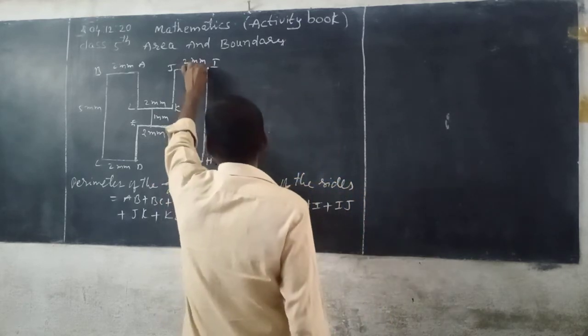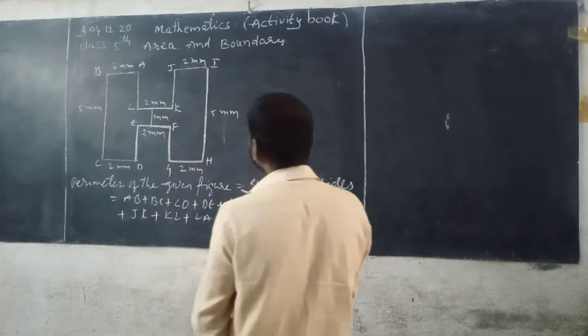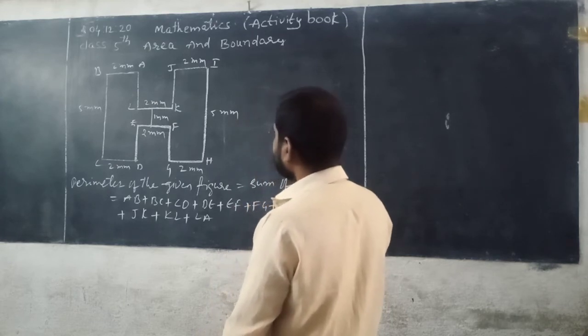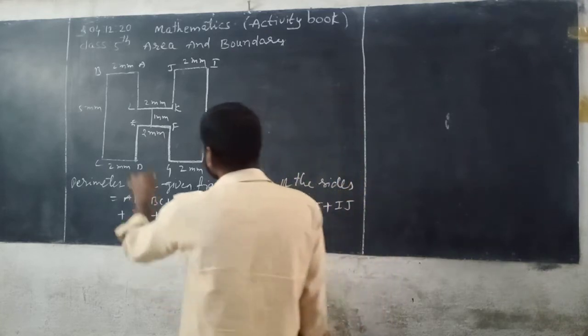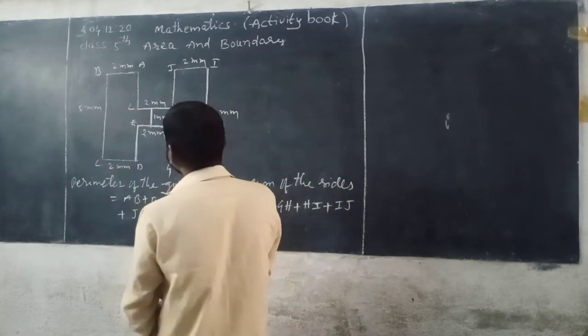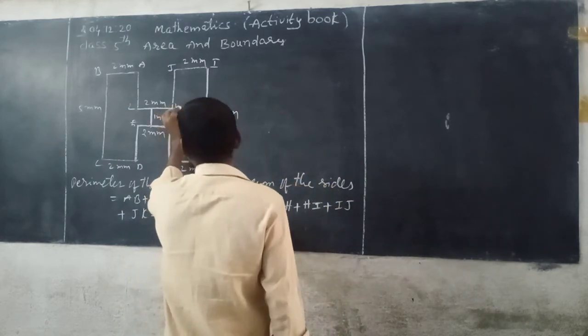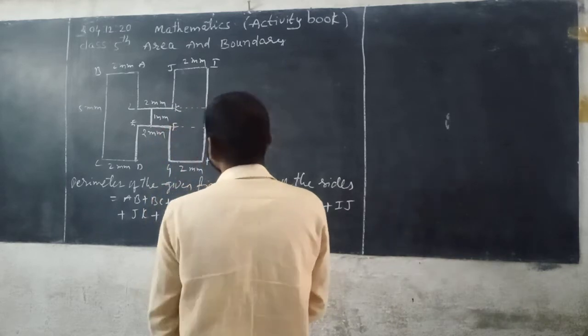See, this is HI. HI is equals to 5 millimeter. Then here see, this is the width. Then you can draw this like only, produce it. Okay, see here.